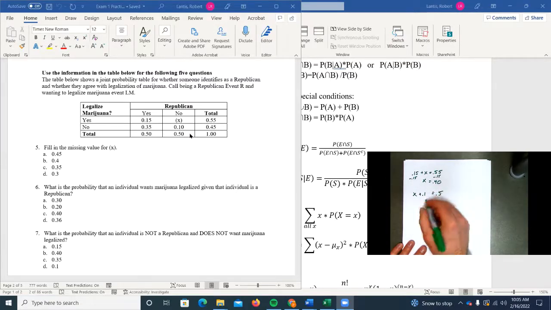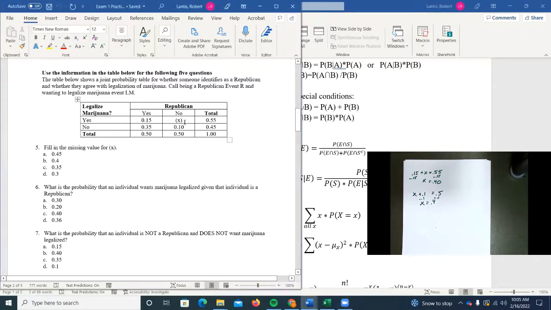If I do a little bit of algebra here as well, I would end up with that same exact answer. Any questions on that one? It shouldn't be too bad. If I was doing this on the exam, as soon as I solve for this, I would write in what that probability is for everything moving forward. So we found X is 0.40.